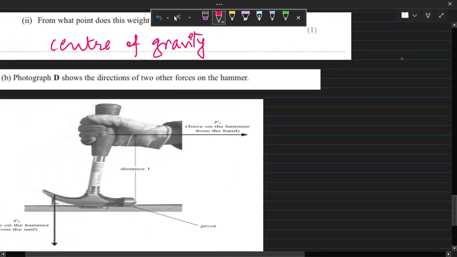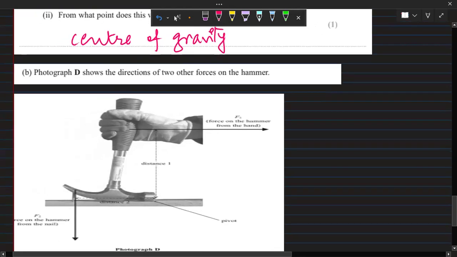One force on the hammer from the nail is acting downward, right? And the force on the hammer from the hand: from the hand, you're applying a force like this. Okay. So if you look at the point of pivot, what is the angle between this distance and this force?